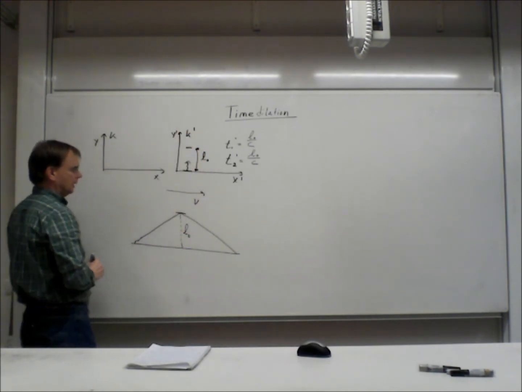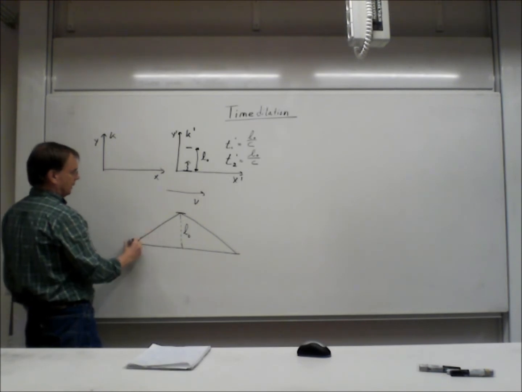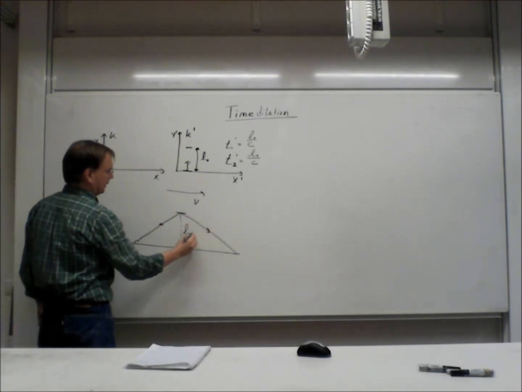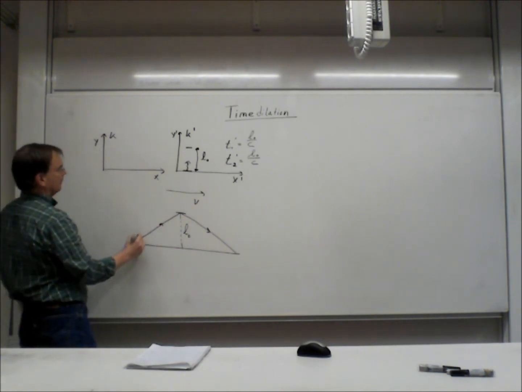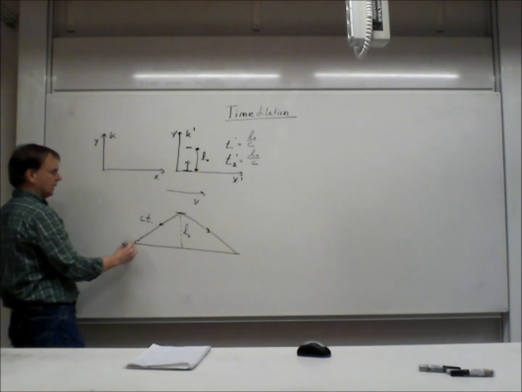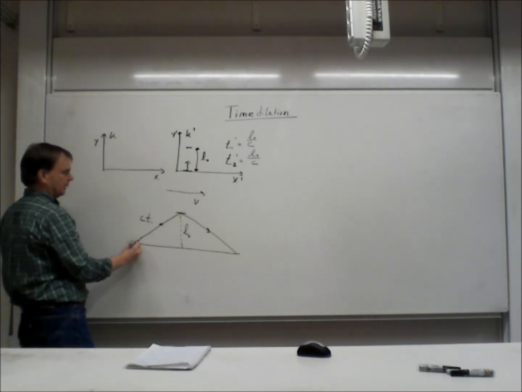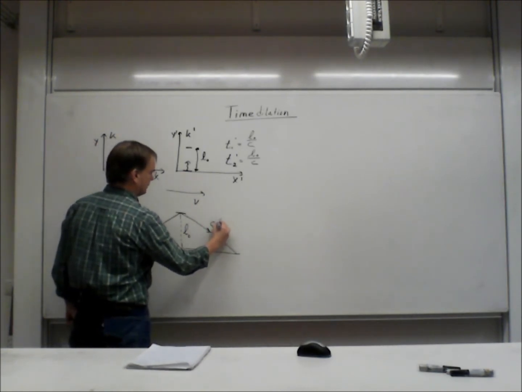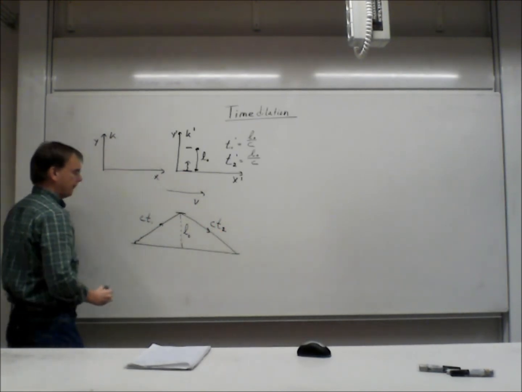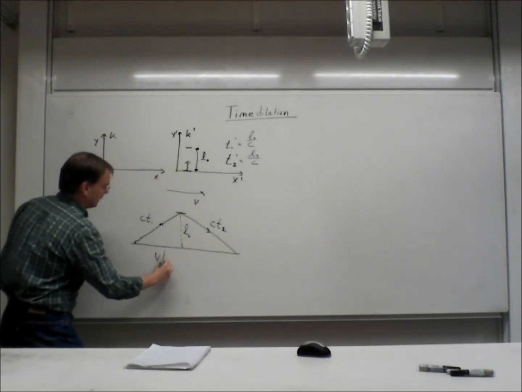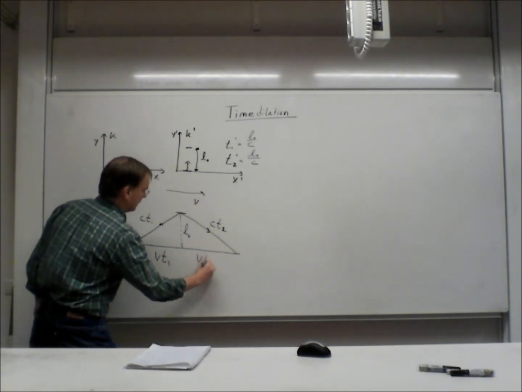So this will also be L0. This distance for the light ray in this system will be equal to the velocity of light times the time it takes to go from the emitter to the mirror, and this is c t2. And this distance will then be u times t1, and this will be u times t2.